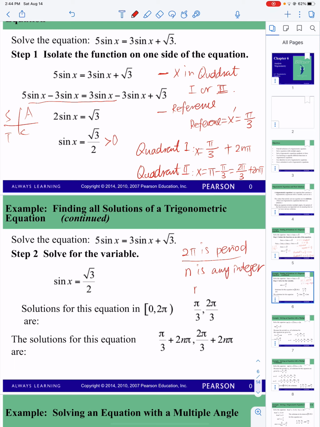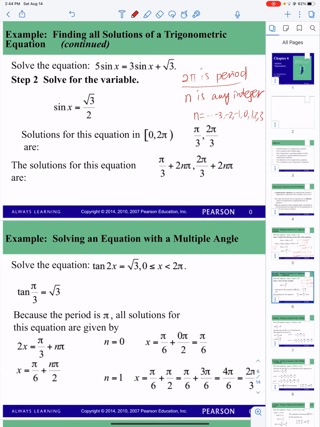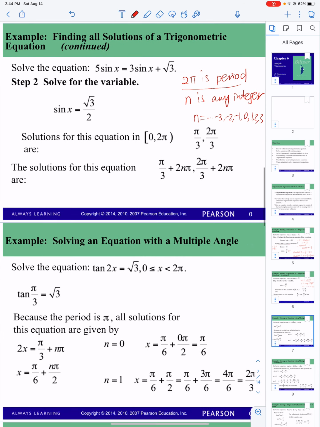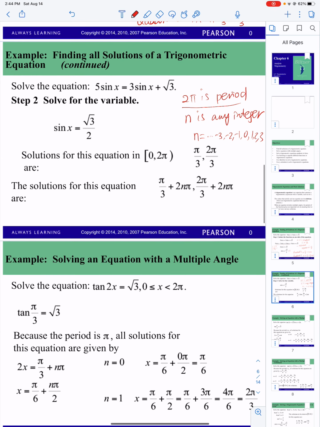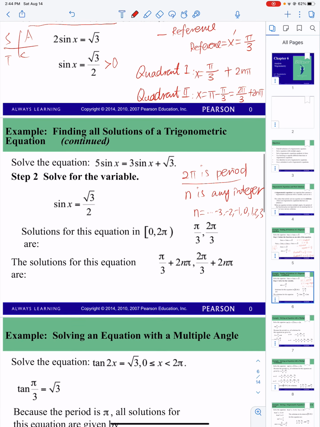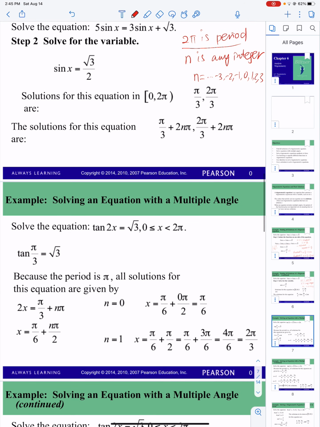This means n can be equal to -3, -2, -1, 0, 1, 2, 3. So n is an integer because you have to add 2 pi multiplied by n here. So this is how you solve this.